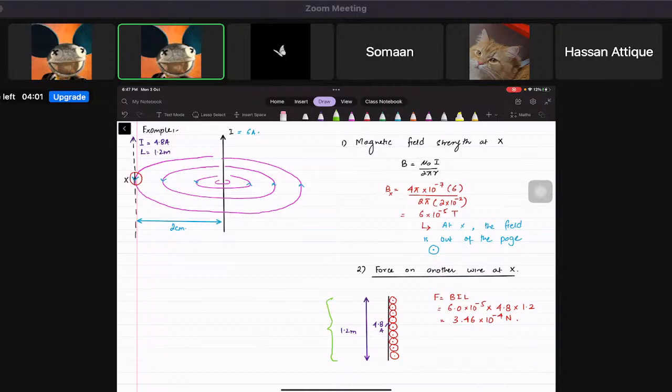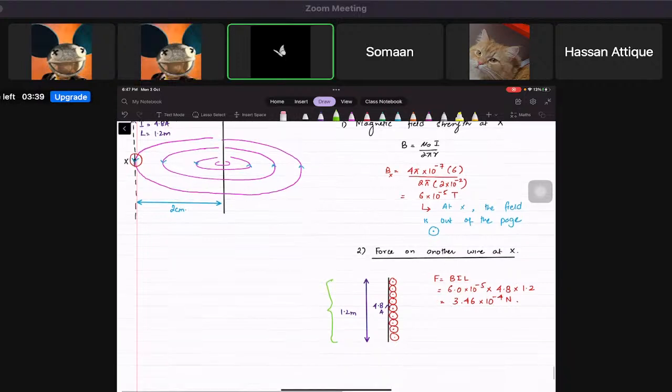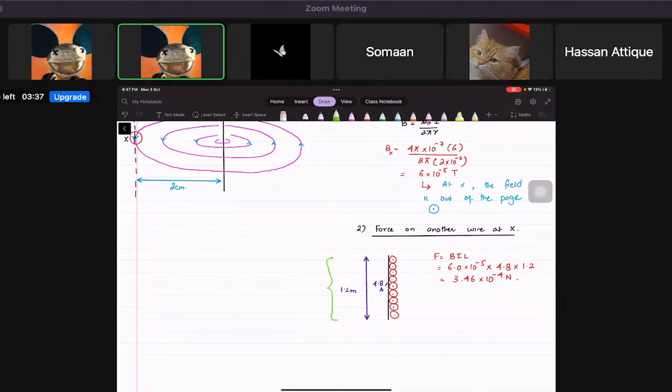What do you guys say? Can you find the force direction? What rule will we use? Fleming's left-hand rule. Yes. Can you do it and explain it to me? Where would the force be?